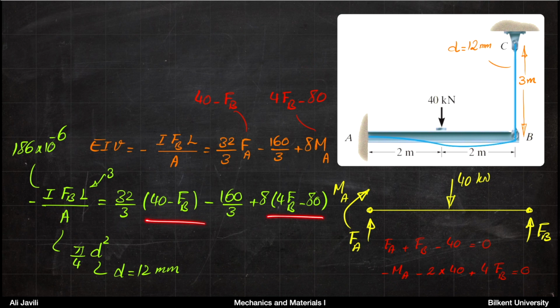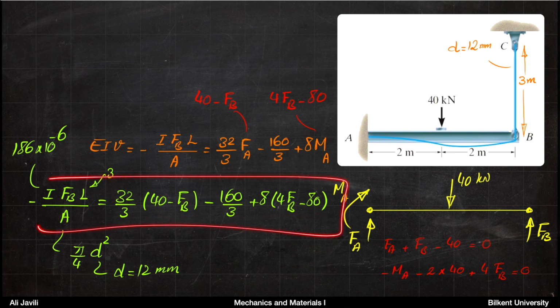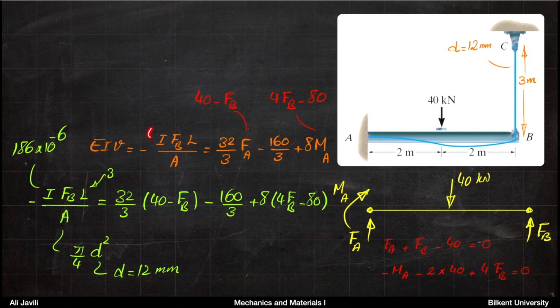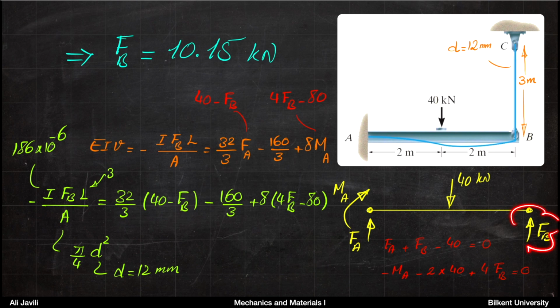If you insert those values, you would have one equation in terms of FB, and this part is the contribution related to the rod. A would be the area of the rod, which is pi r squared, and r would be half the diameter. Diameter is 12 millimeters. So if you do that, you get your force FB, which is 10.15 kilonewton.